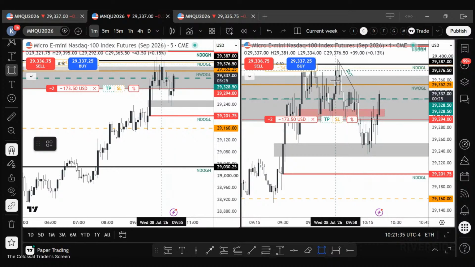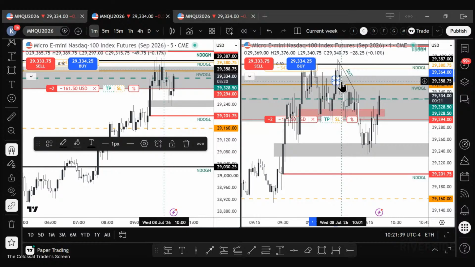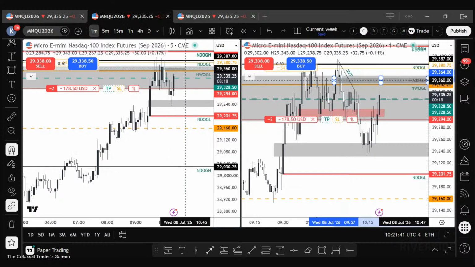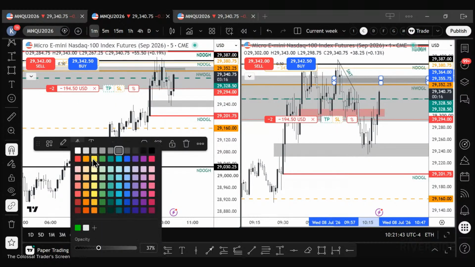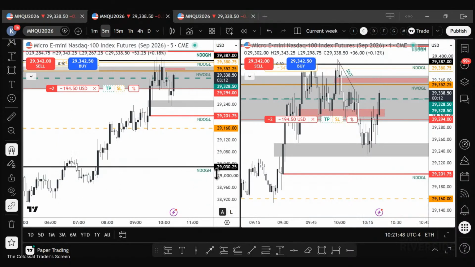The last straw we have here is this level here, and that's not the strongest level right here. So not a fan of this at all. This wants to push higher.